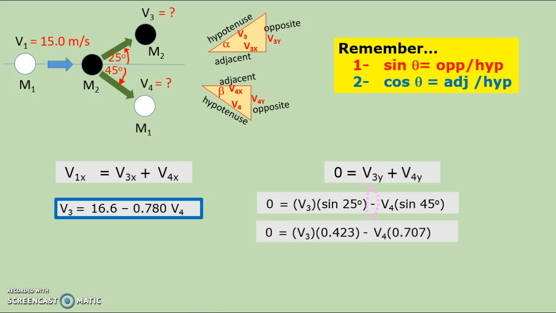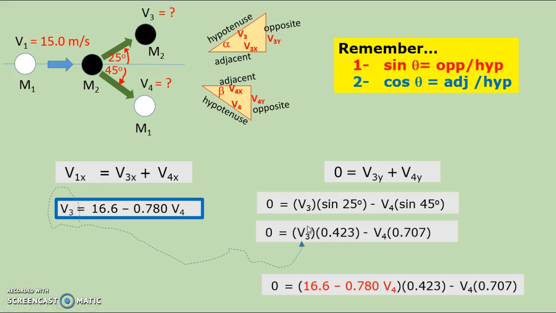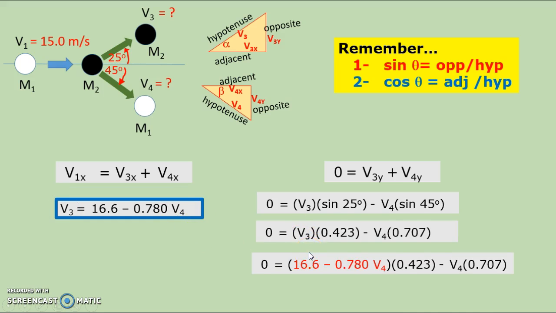So if we simplify this equation, we will end up with V3 times 0.423 minus V4 times 0.707, and I used my first equation when I figured out what V3 was in terms of V4 and substituted in here. And again, that's substituting this in here and simplifying that equation.